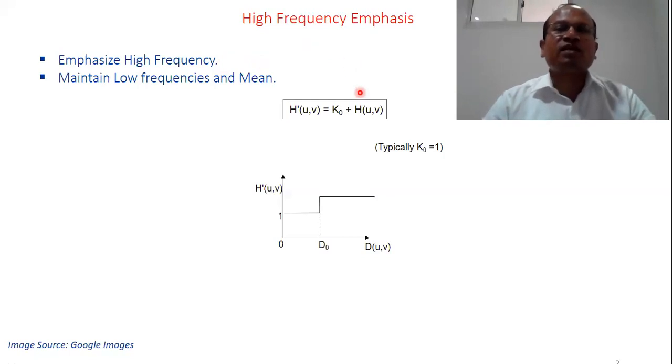So you can see here a transfer function K0 plus H(u,v). K0 is some minimum value.